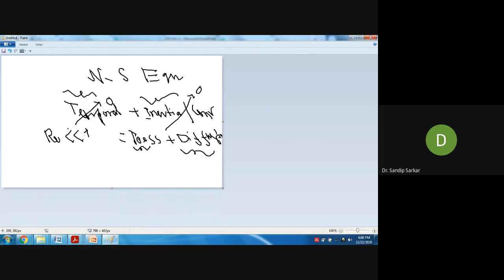That means you have only the diffusion and pressure terms. But in the vorticity equation you don't have any pressure term, because we get rid of the pressure term. That's why we have only the diffusion term, which is 0 for creeping flow. Reynolds number is very, very small. So what is the diffusion term here?